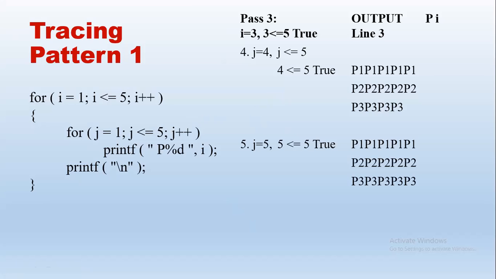We print P3 for the fifth time in line 3. Now we have completed line 3, right? So then the condition has to become false as expected. J equal to 6, 6 less than or equal to 5, condition is false. Control exits from the inner loop. We have a slash n. So we have printed 3 lines.